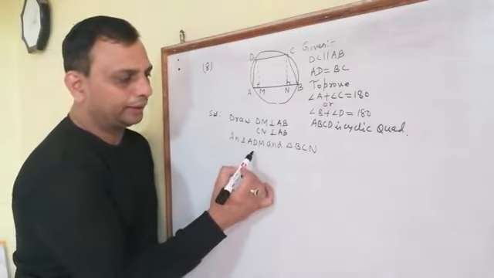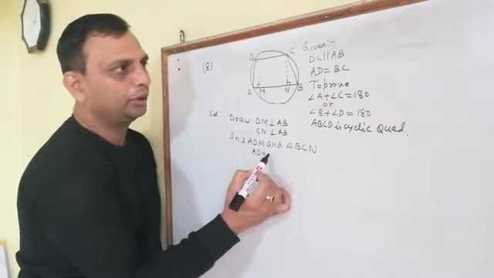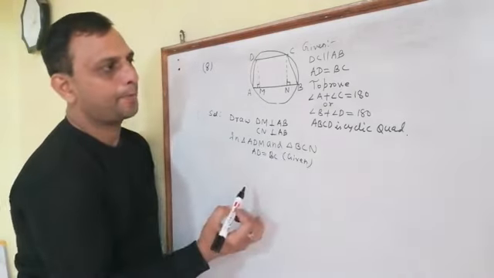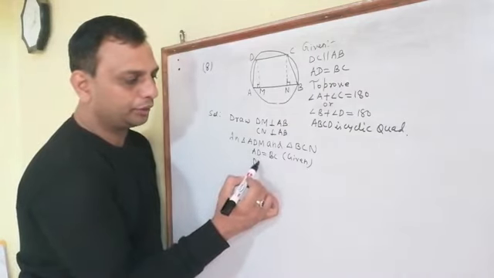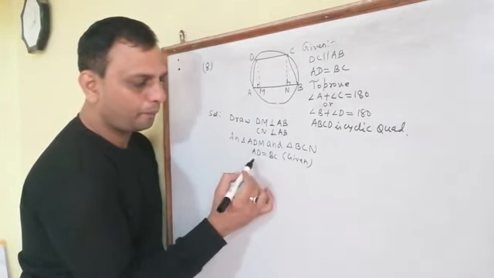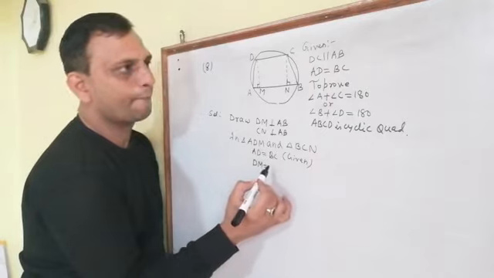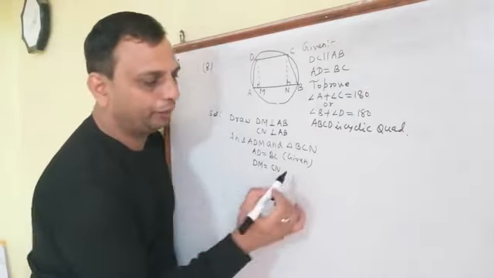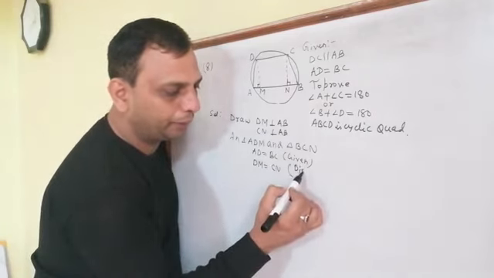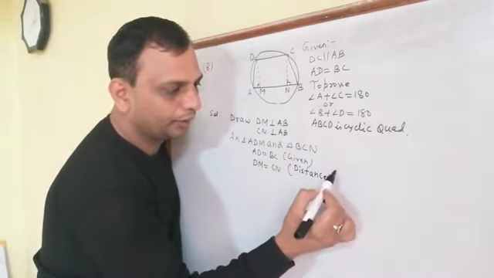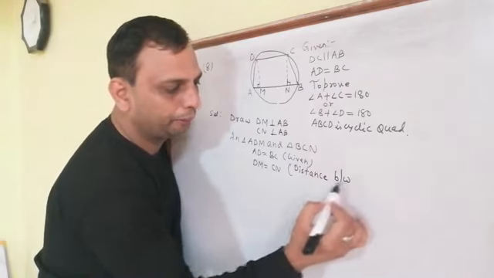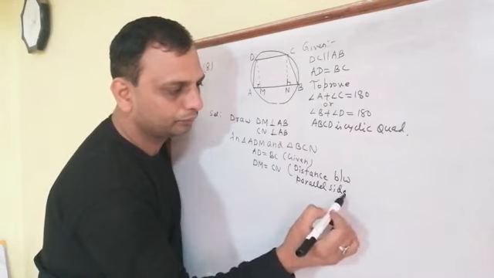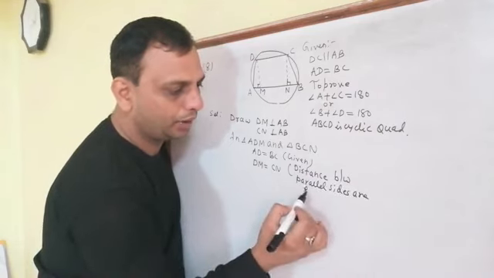Now in the triangles, it is given that AD is equal to BC. DM is equal to CN; for the reason you will write that the distance between parallel sides is equal.